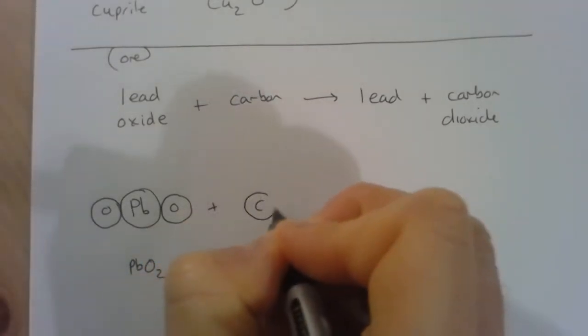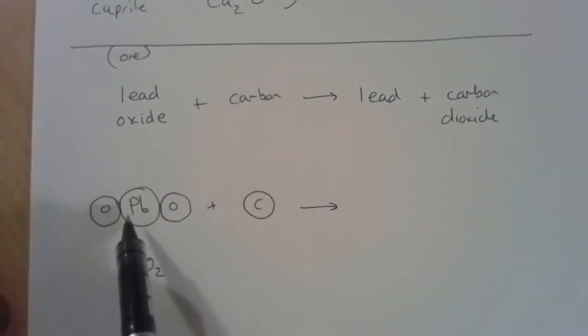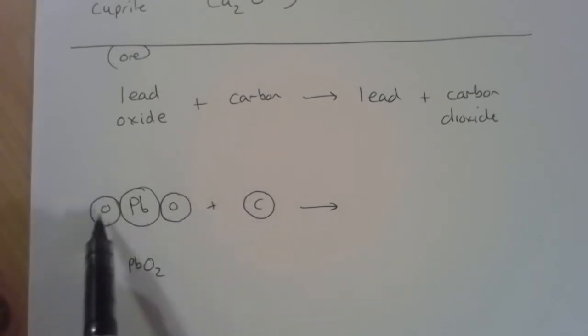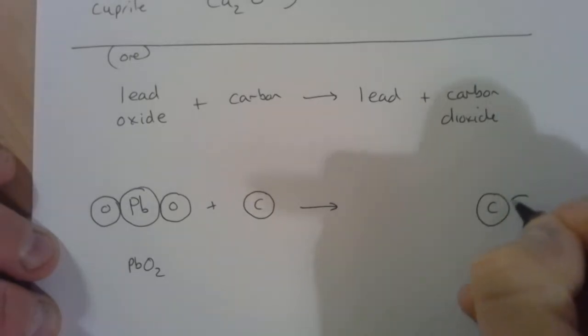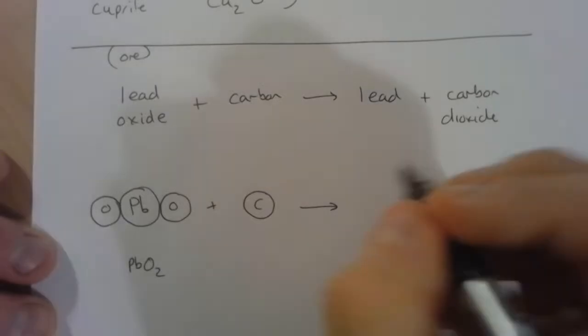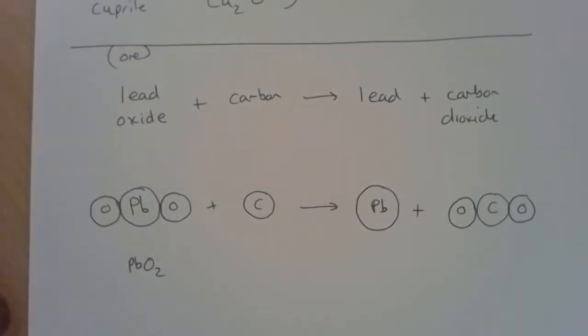When that reacts with a carbon atom, the carbon is more reactive than the lead. So the carbon displaces or takes the oxygens from the lead to make carbon dioxide. And what we're left with is a lead atom. And obviously this happens millions and millions of times, and we end up with lots and lots of lead atoms.